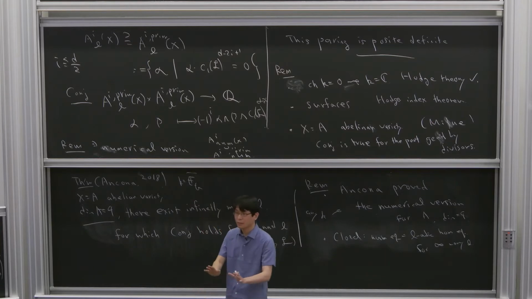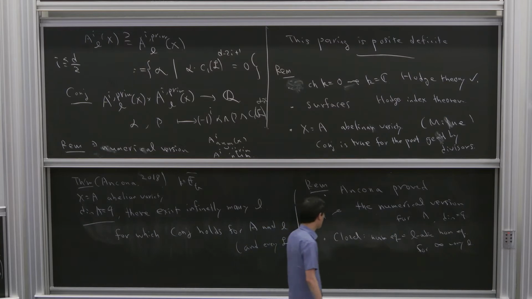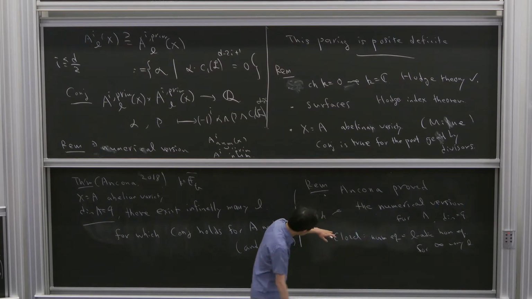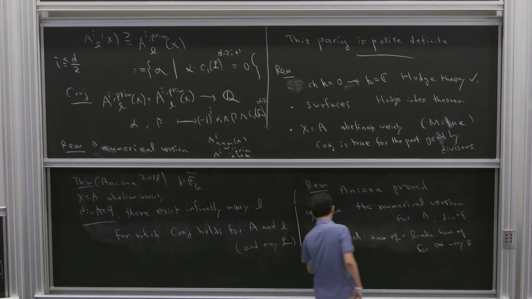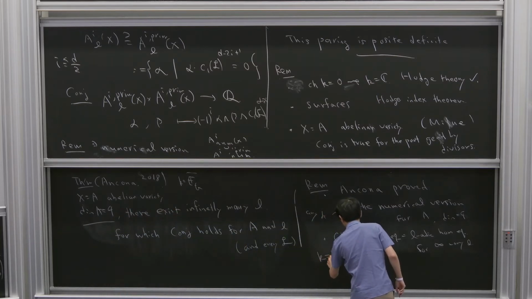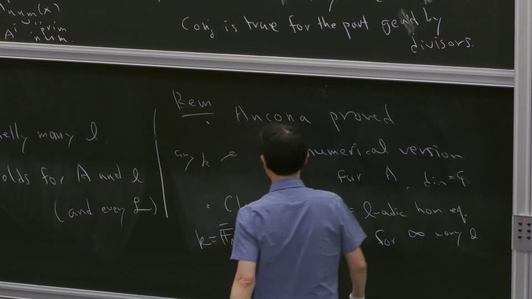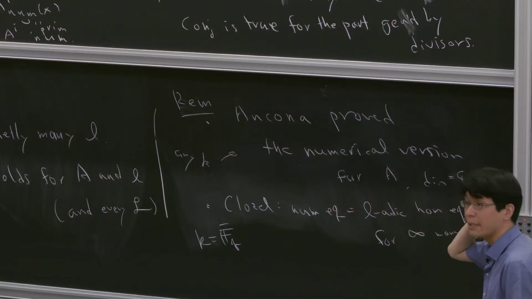I mean, all cycles are generated by divisors, somehow. And sorry, in this result of Kurzweil, we need to assume this. Okay, any other question?